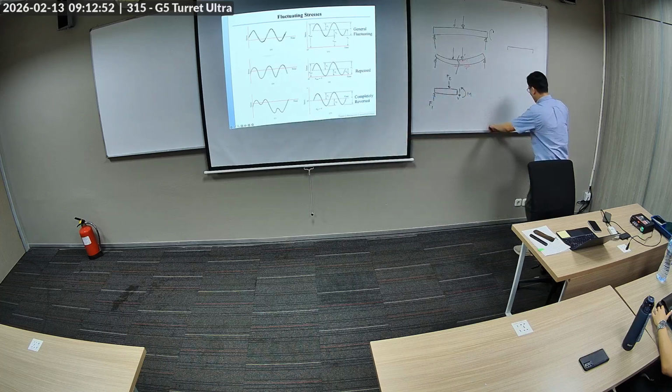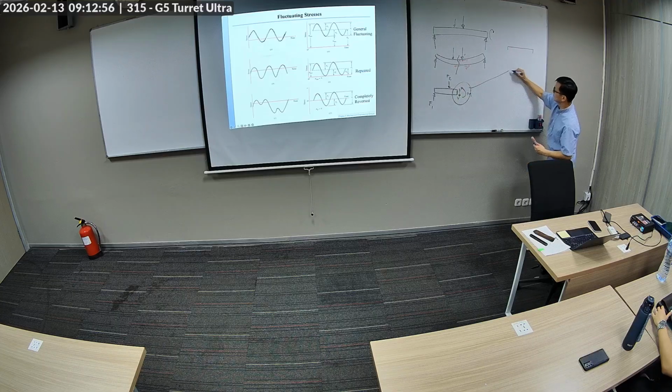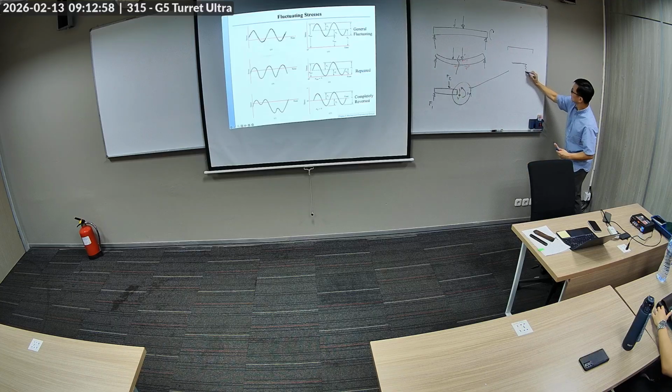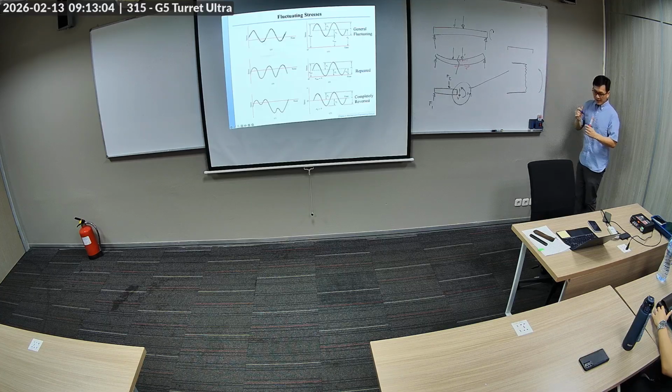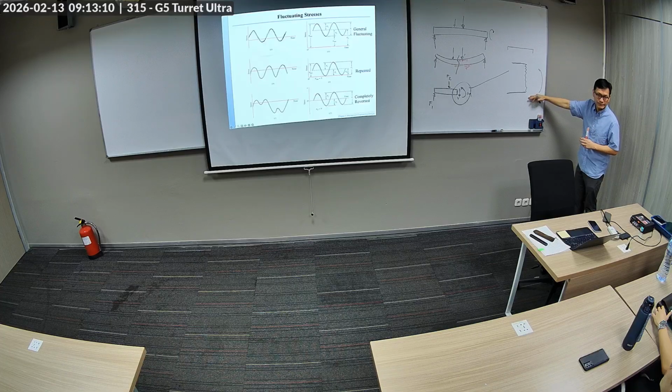Now, if I zoom in on this a little bit, this internal moment actually creates a normal stress distribution along the width of this beam. Okay? What is the distribution like?